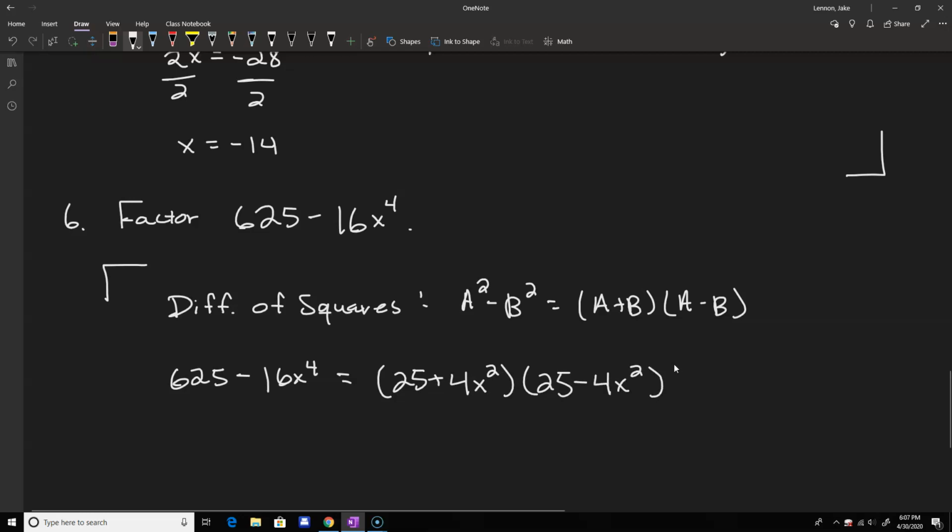Then what we can realize, if you look at the first term, it's a plus in the middle, so it doesn't factor any further. But the second pair, 25 is 5 times 5, and minus 4x squared is 2x times 2x. So I can factor this one step further. So I have 25 plus 4x squared, and then the second set of parentheses can factor into 5 plus 2x times 5 minus 2x. And we're all set.